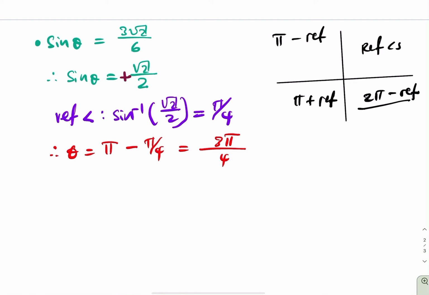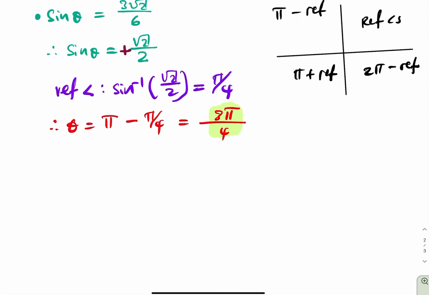That means 360 minus theta, or your reference angle, or it can be alpha. So we are now here in the second quadrant, hence I had to subtract. So it means my theta now is primarily this one.